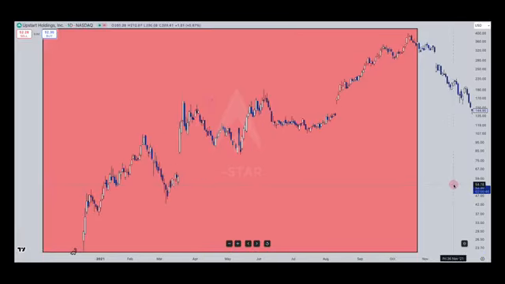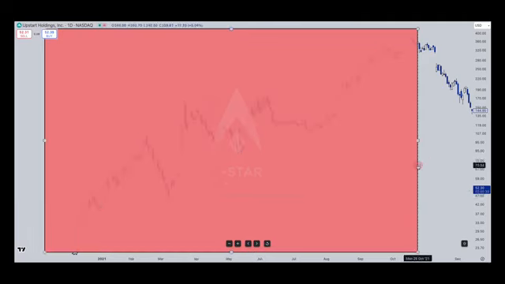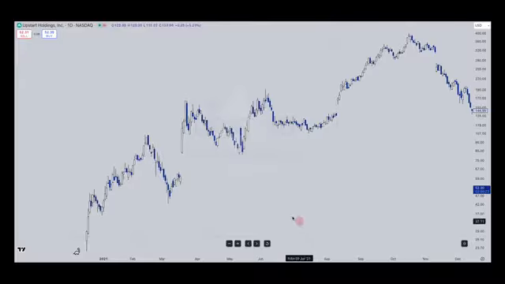Now, what you can see is a series of impulsive moves, right? So the daily time frame gives us more information.